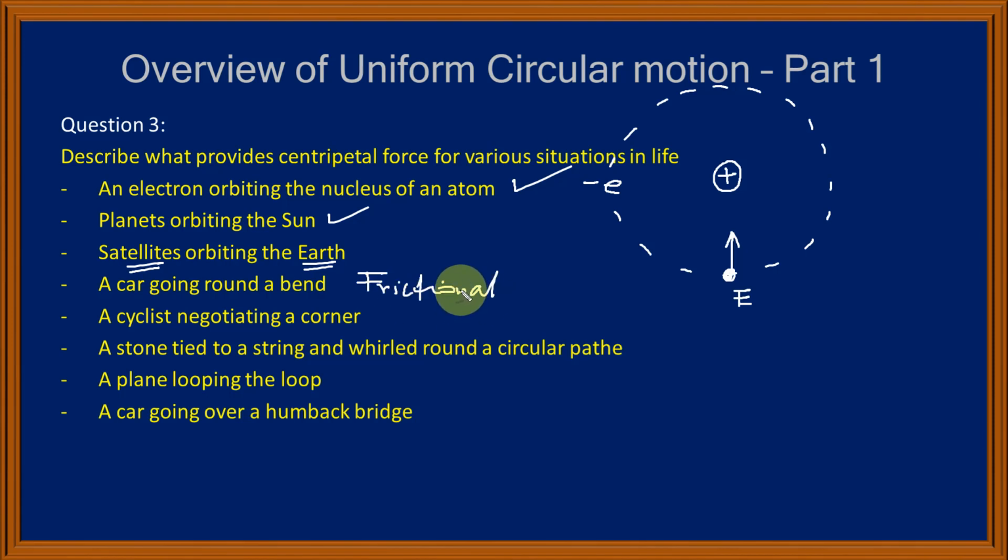Frictional force on the tires by the road provides the necessary centripetal force. A cyclist negotiating a corner, the same thing, the sideways frictional force. How about a stone tied to a string and whirled around a circular path? The tension in the string provides the centripetal force on the stone.